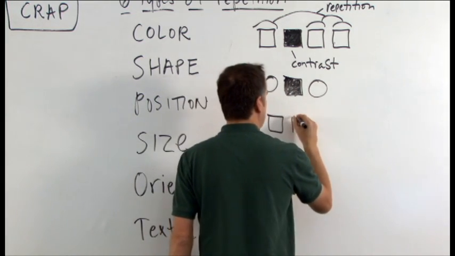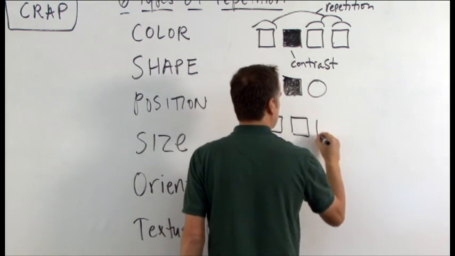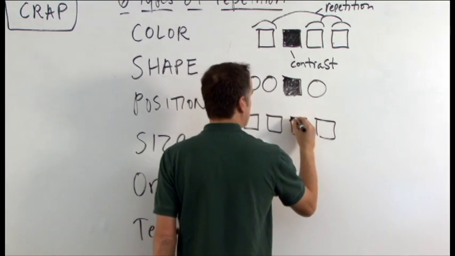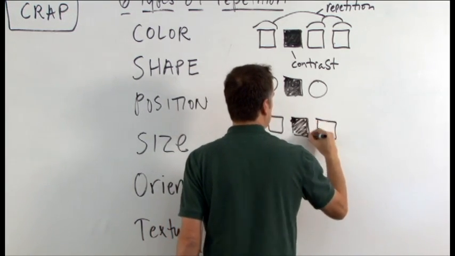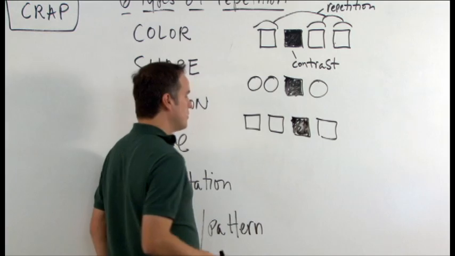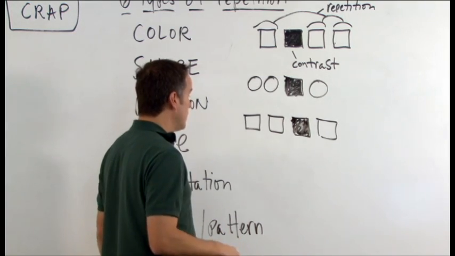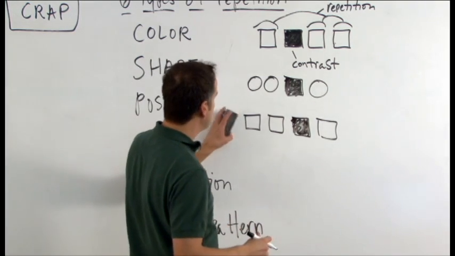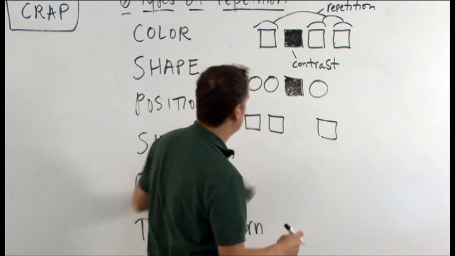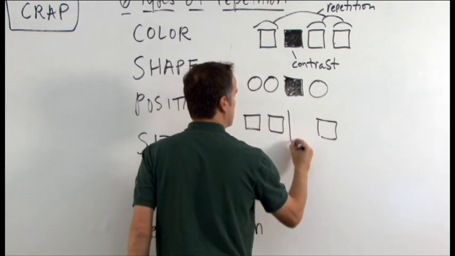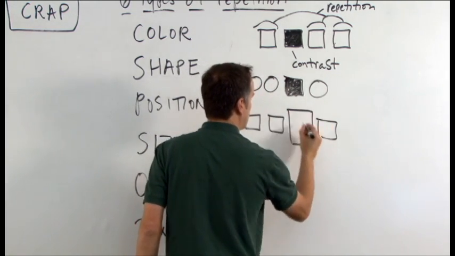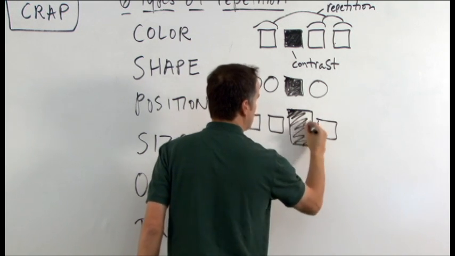And let's imagine that we have made some changes to our element. Maybe we've changed its color. Maybe we've even changed its size a little bit. We can do this. Even changed its shape a little bit.